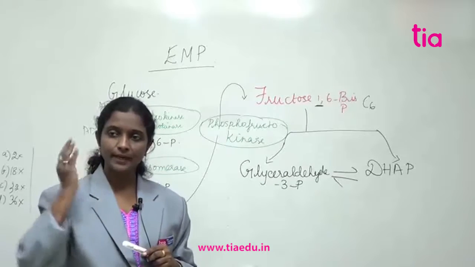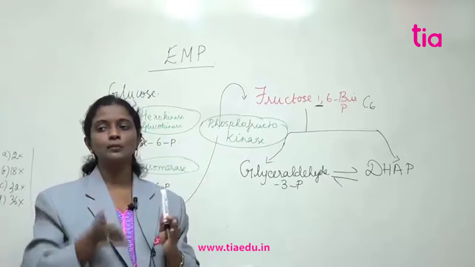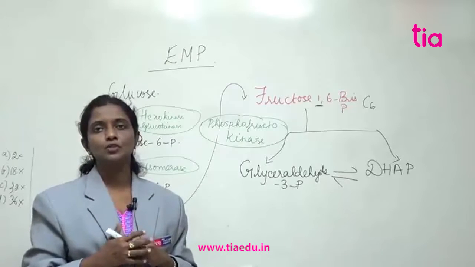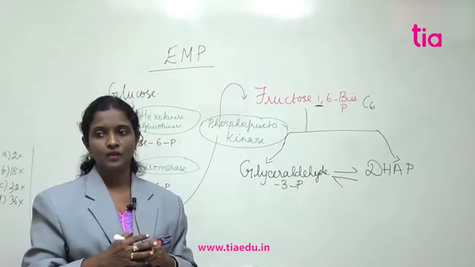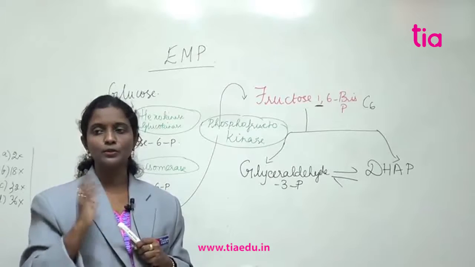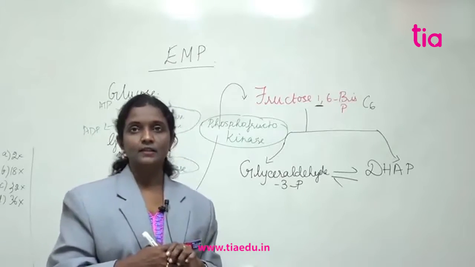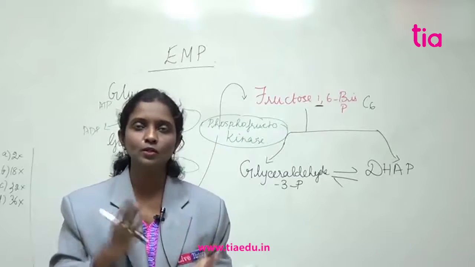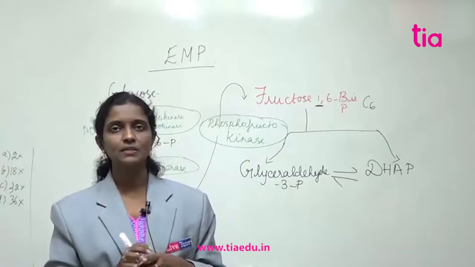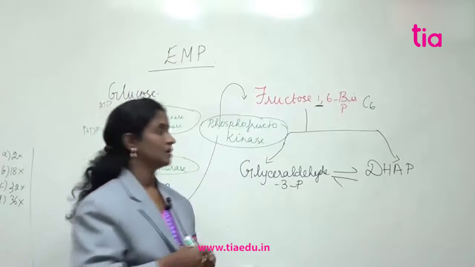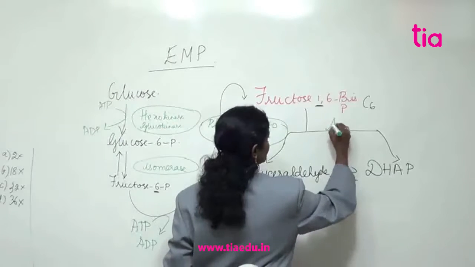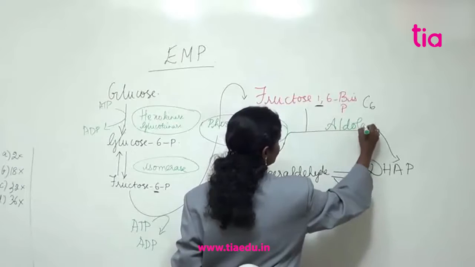What is the enzyme which can break one bigger 6 carbon molecule into 2 smaller 3 carbon sugars? Aldolase, right? Aldolase.